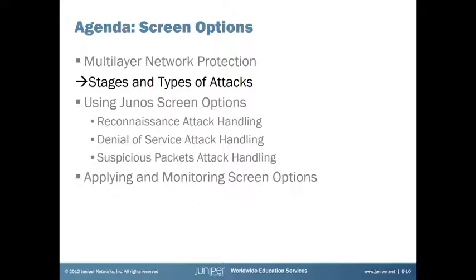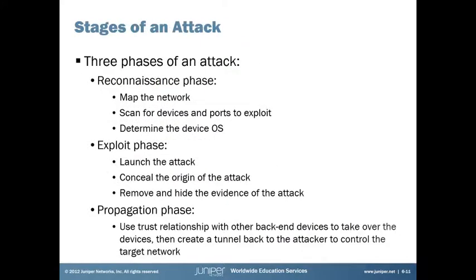Okay, stages and types of attack. There are a few things that happen when an attack is going on. One of the first is the reconnaissance phase, where the attacker wants to gather information about the network. They're trying to sort out what kind of devices you've got operating there, and maybe the IP addresses of those devices behind your firewall.